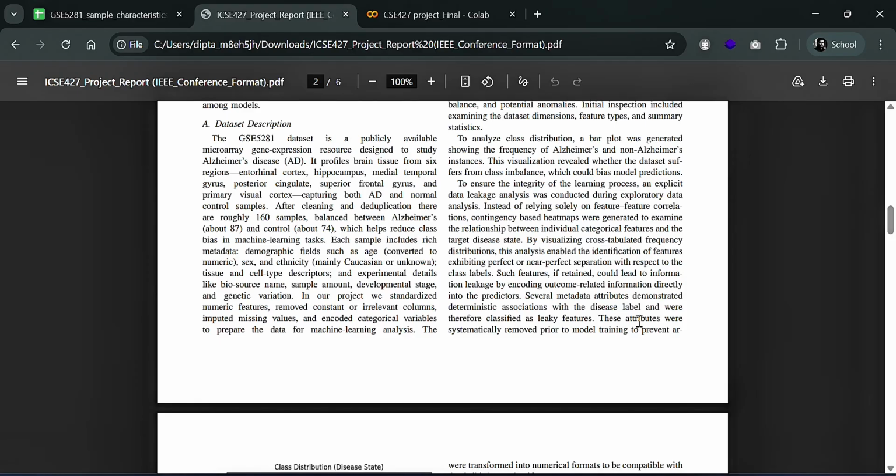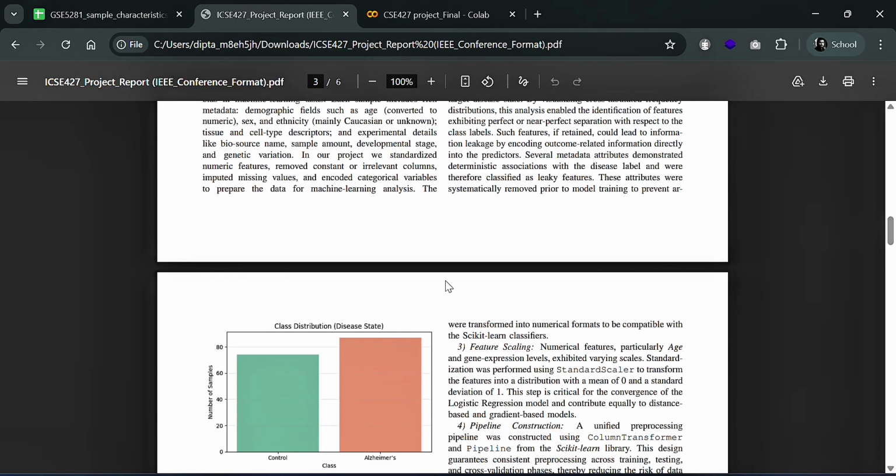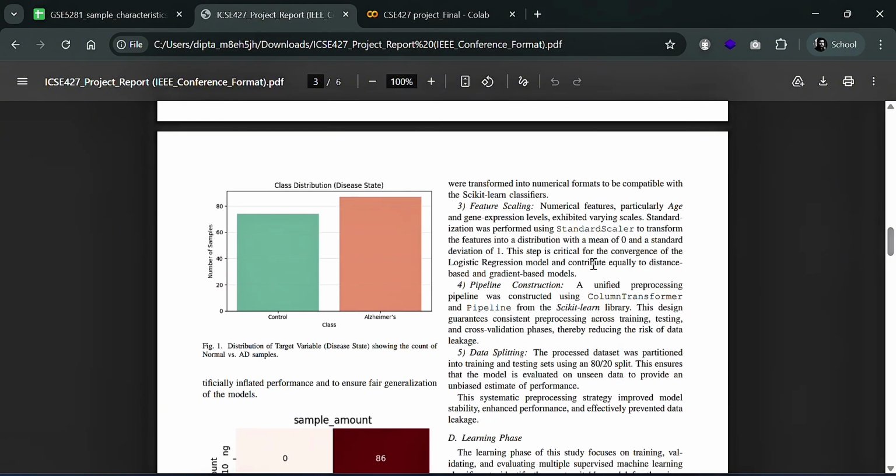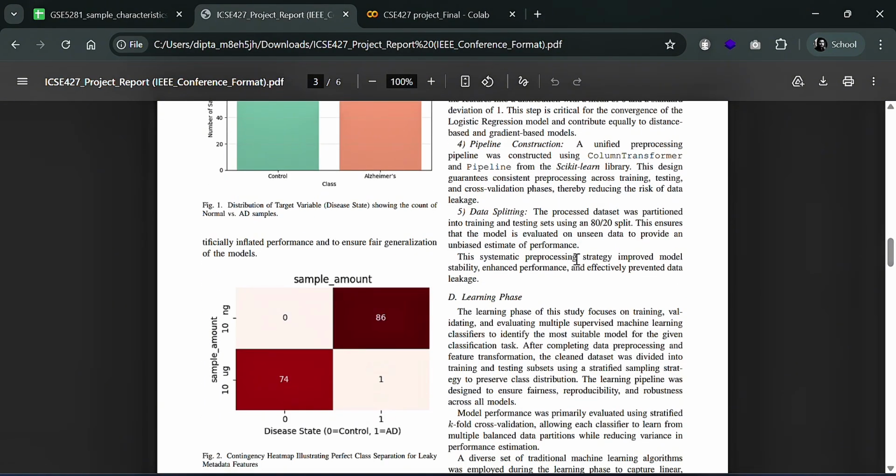We used scikit-learn pipelines to ensure that the same processing steps were applied consistently during training and testing and cross validation. This approach reduces bias and improves reproducibility.